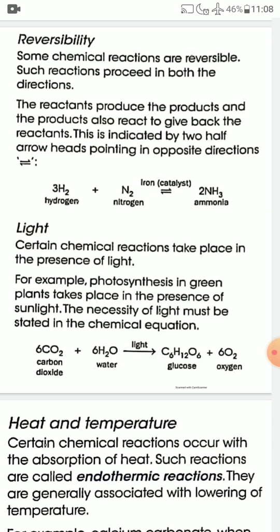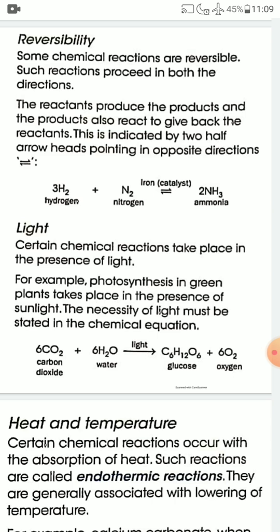That means these reactions are reversible, and these reversible reactions are indicated by two half arrowheads pointing in opposite directions. You can see the symbol of two half arrows given here.